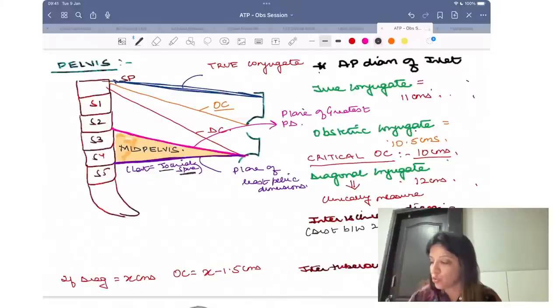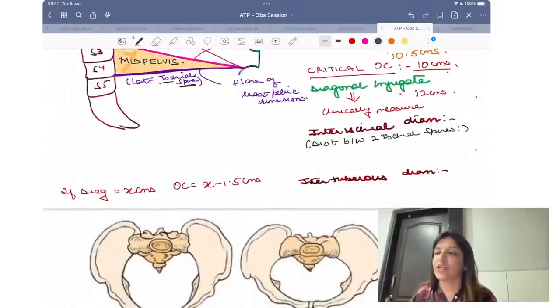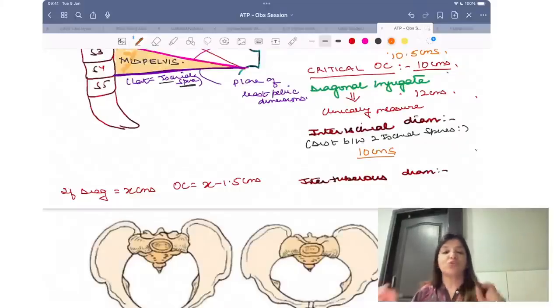distance between two ischial spines, which is also called the interischial diameter, is the smallest diameter in the entire pelvis. It is 10 centimeters, right? So why is the plane of least pelvic dimensions called the plane of least pelvic dimensions?